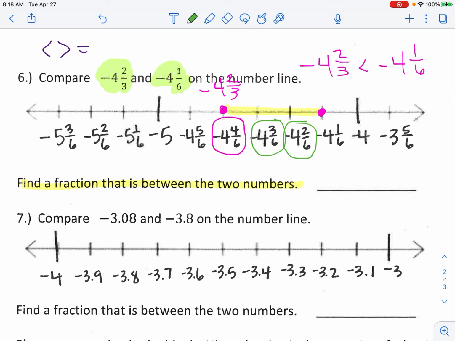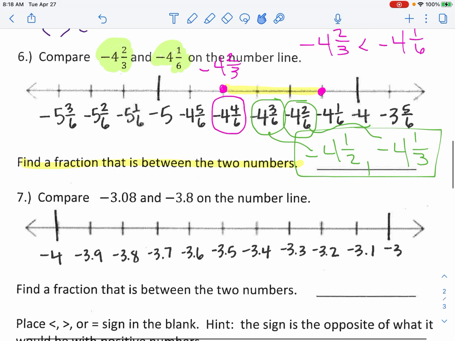But remember, we always reduce. So negative 4 3/6 would be written as negative 4 1/2, negative 4 2/6, 2 divided by 2 is 1, and 6 divided by 2 is 3. So I could choose negative 4 1/2 and negative 4 1/3.